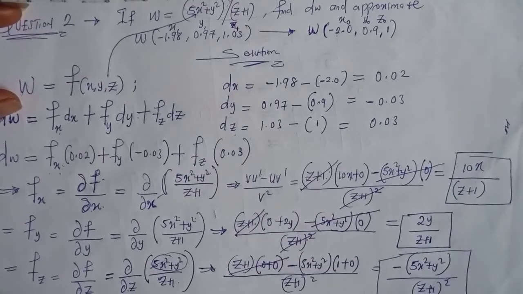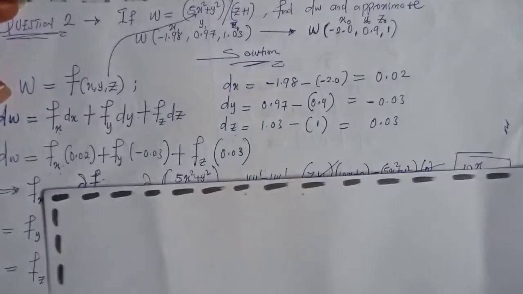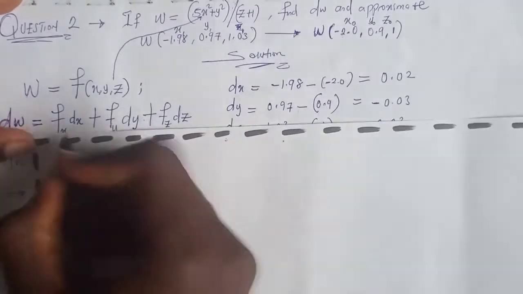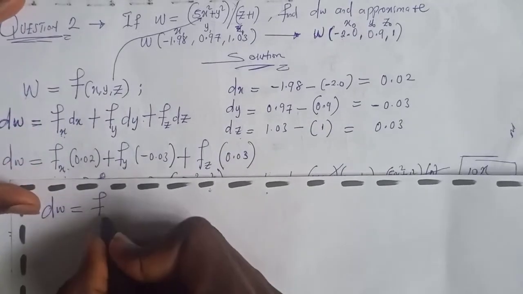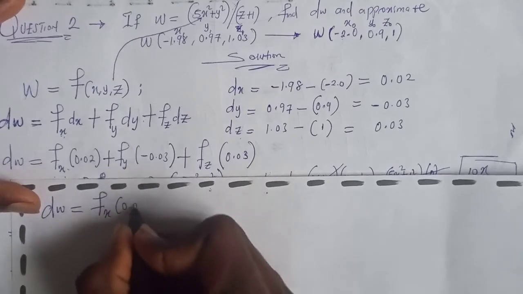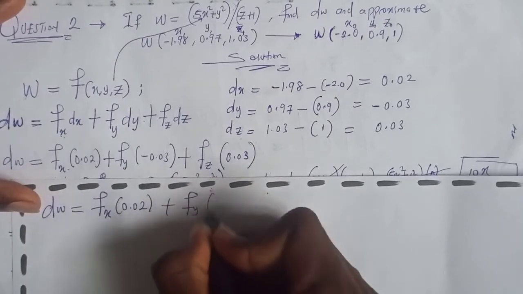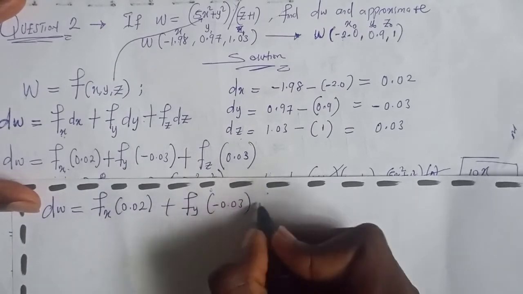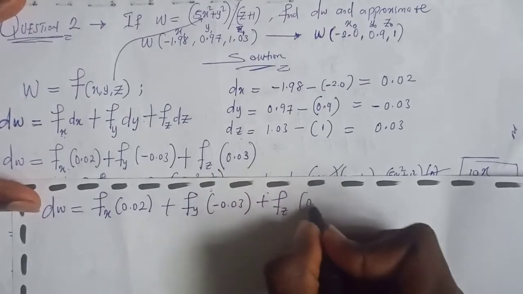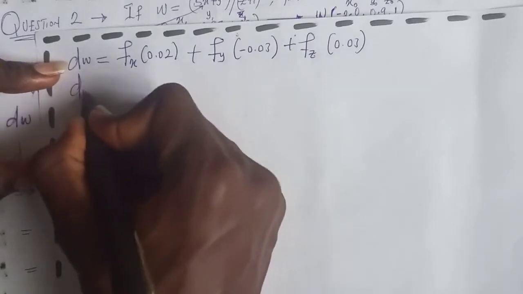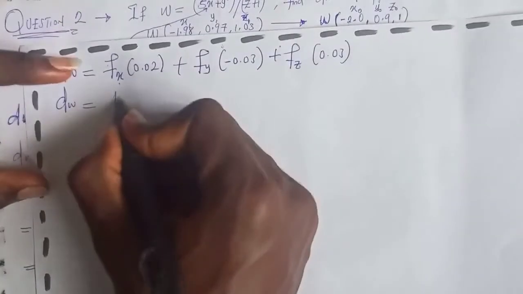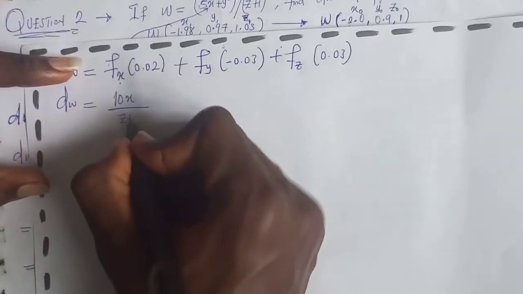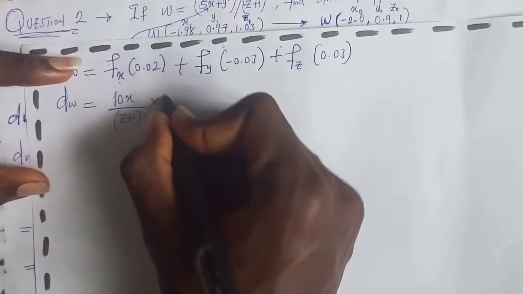So the next thing for us to do from here now is I have to write this out. Dx is this. So dw rather. dw is, we have it as fx open bracket 0.02 plus fy minus 0.03 plus fz multiplied by 0.03. So dw is equal to fx expression. We have it as 10x all over z plus 1, then times 0.02.